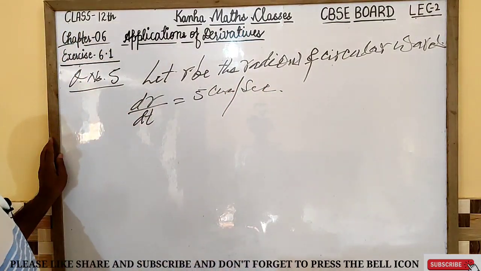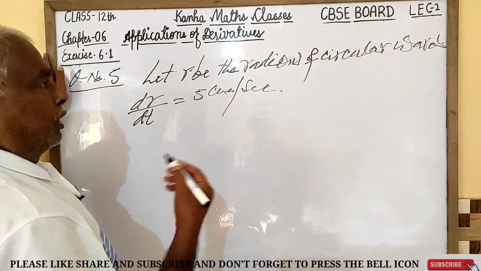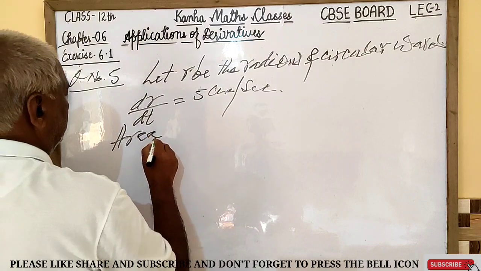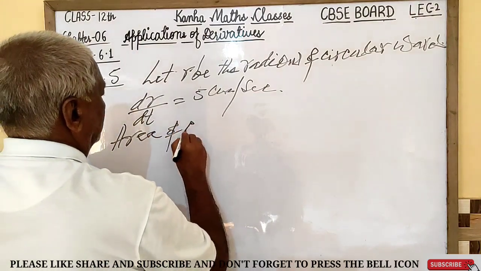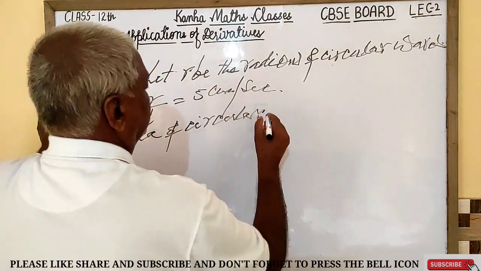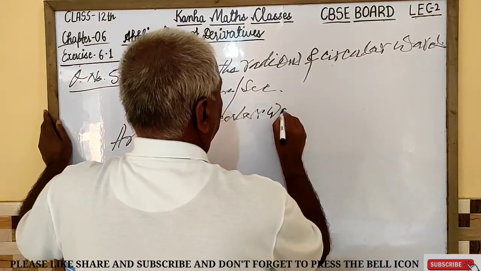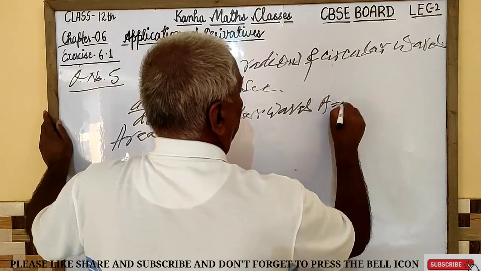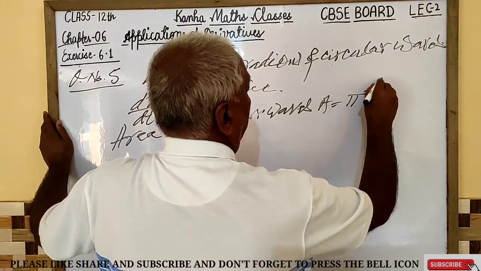Now, the area of the circular waves, A, is equal to pi r square.